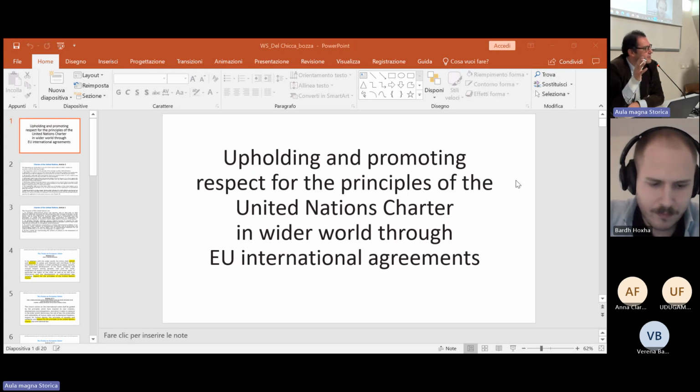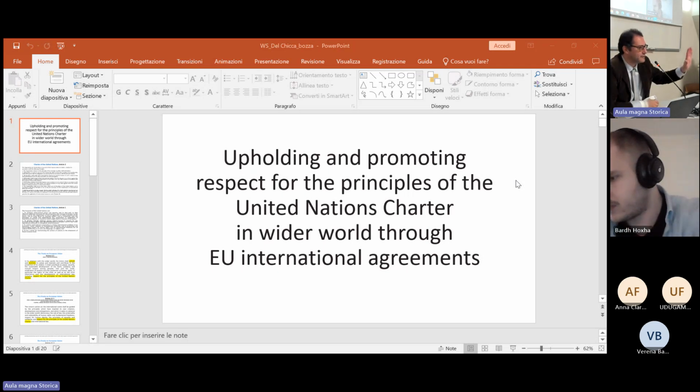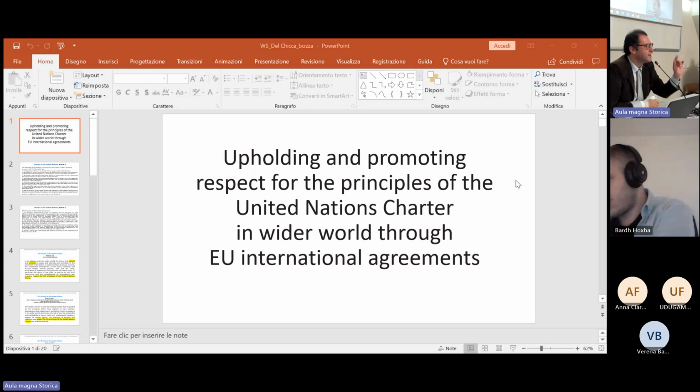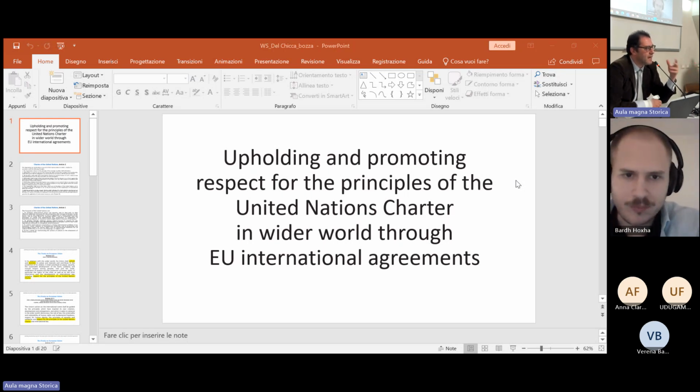An international agreement is composed of two parts: the preamble and the articles. The preamble is not an article. It is not an international legally binding rule. The preamble, anyway, has a lot of effects.